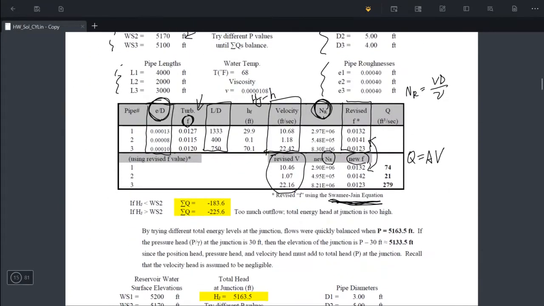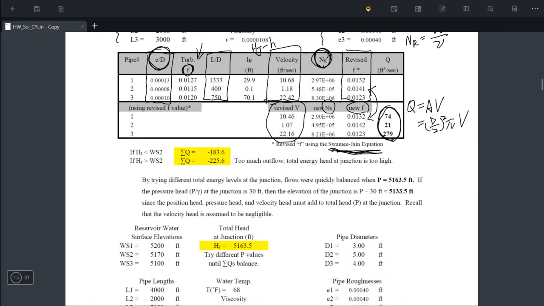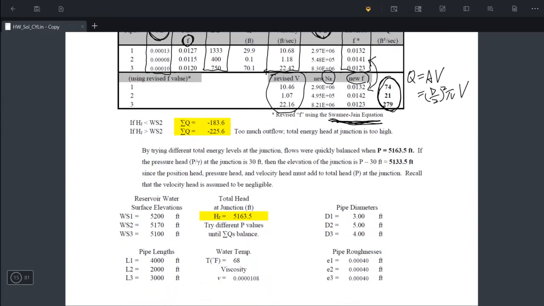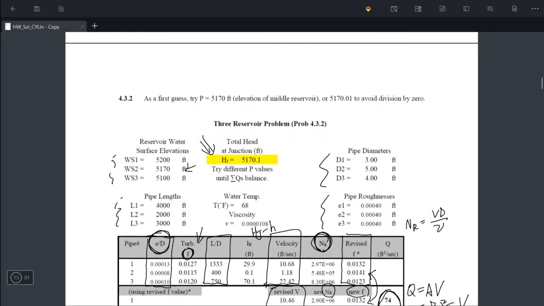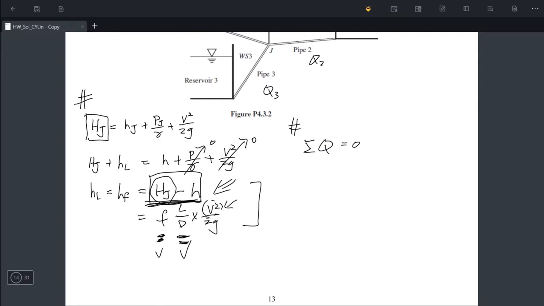So this is simply pi times (d over 2) squared times velocity. So you will get the flow rate that I show here. Okay, now you know the magnitude of the flow rates, and we want to apply the mass balance equation to make sure the flow rate is valid.